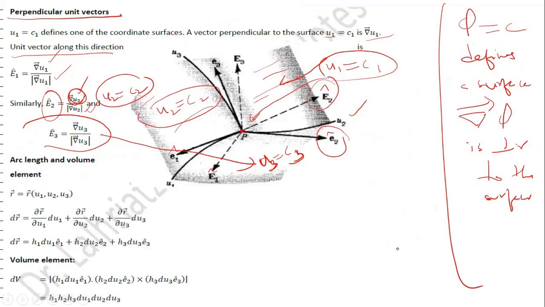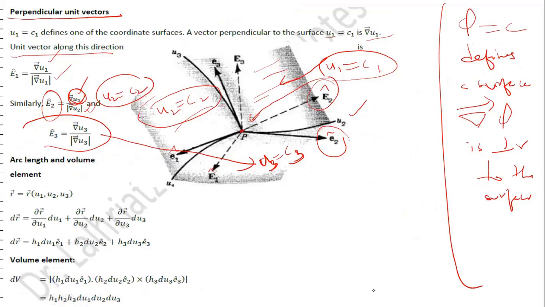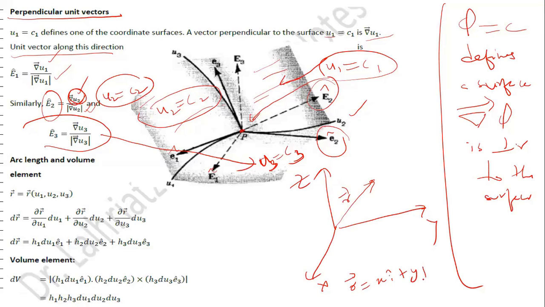Now, we can define what is called an arc length. In a 3D Cartesian system, if you draw a 3D Cartesian system like this, x, y, z, the position of any point can be given by the position vector, which is your r vector. Your r vector is given by xi plus yj plus zk.